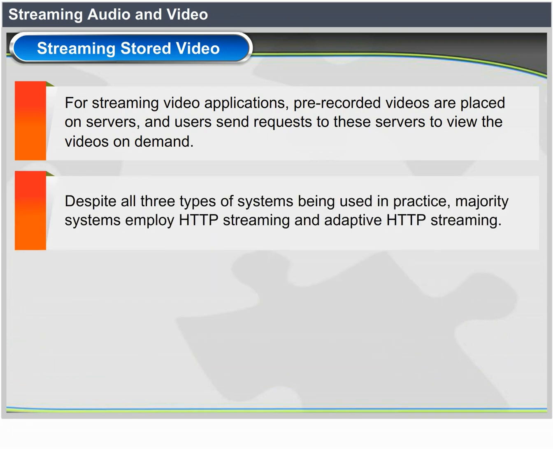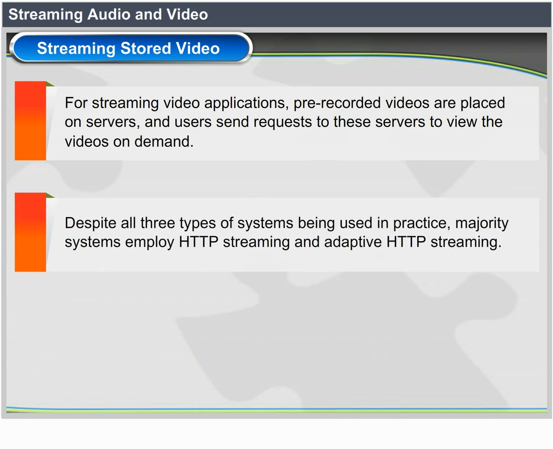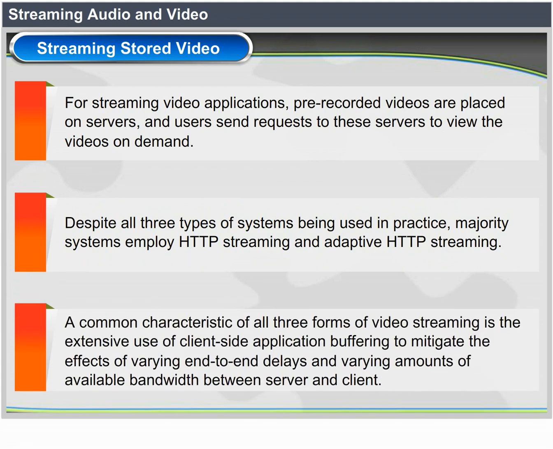Although all three types of systems are used in practice, the majority of systems employ HTTP streaming and adaptive HTTP streaming. A common characteristic of all three forms of video streaming is the extensive use of client-side application buffering to mitigate the effects of varying end-to-end delays and varying amounts of available bandwidth between server and client.